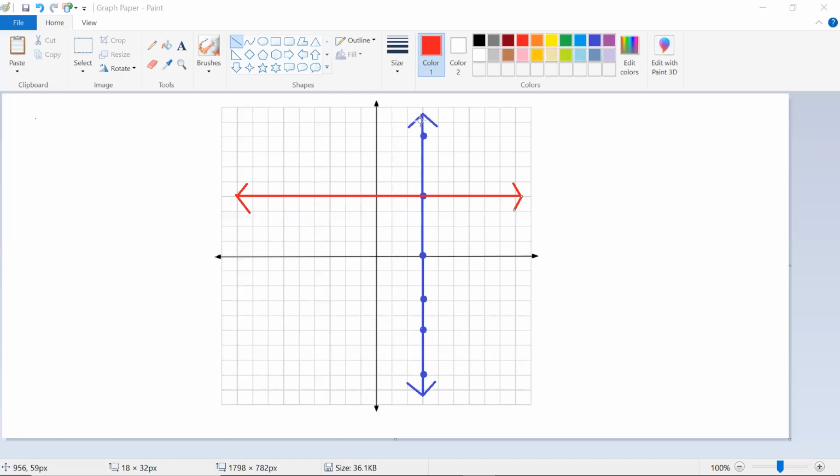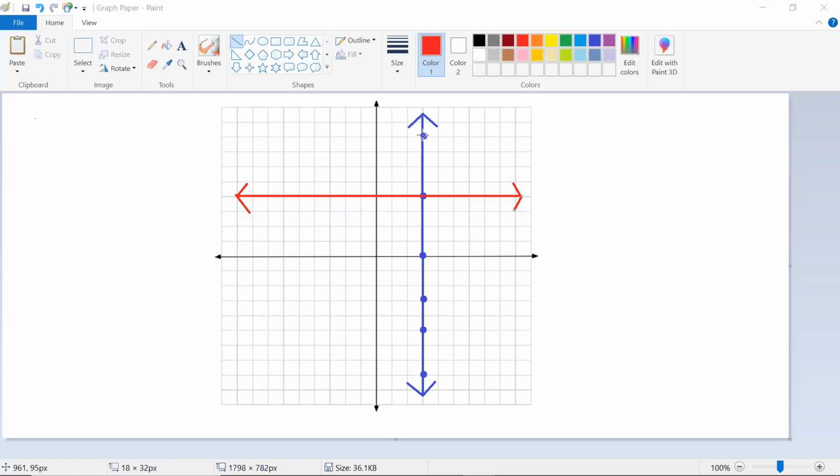Now let's go to the vertical lines, the ones that were x equals a number. If I have x equals a number, I get a vertical line. Notice going from point to point, the change in x is going to be 0. I go from like (3, 0) to (3, -3), or from (3, -3) all the way up to (3, 8).